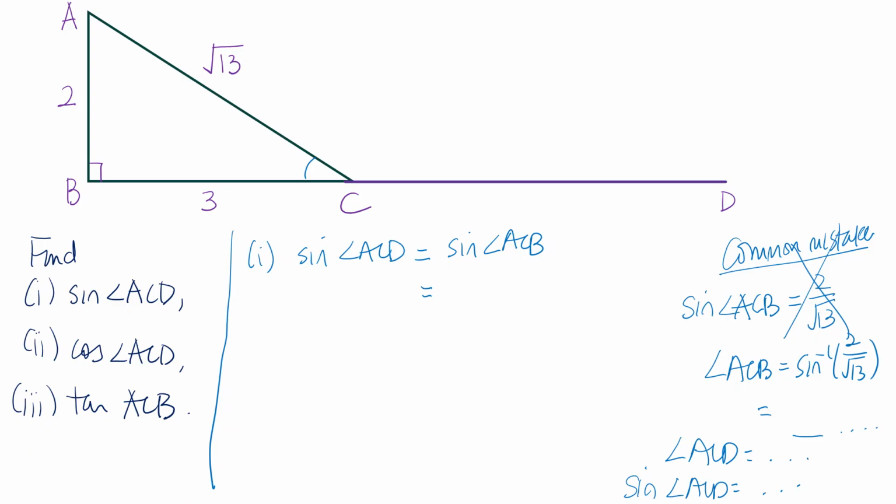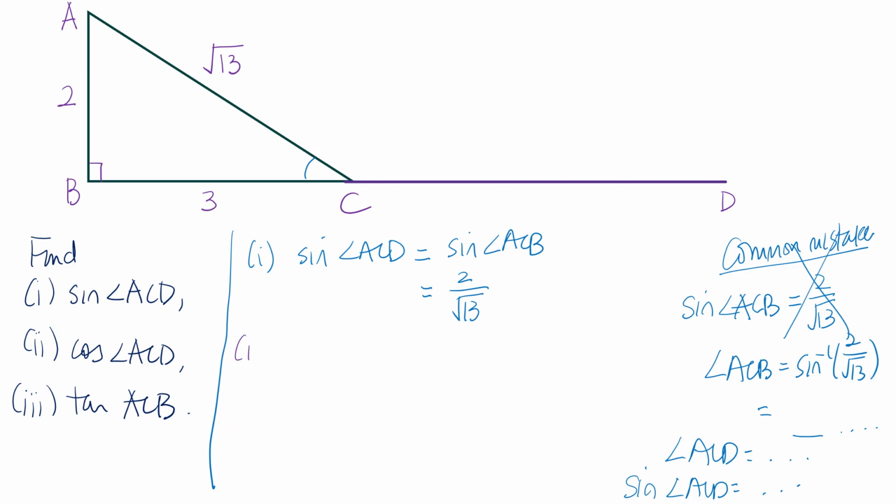And therefore, the ratio for sine angle ACB will just be opposite over hypotenuse. If you rationalize it, 2 square root 13 over 13. Or in elementary math, they do not expect that you need to rationalize it, so you can just leave it as 2 over square root 13.